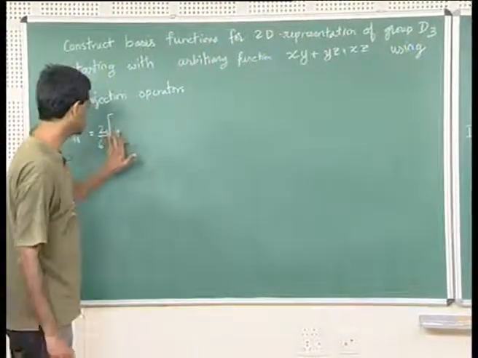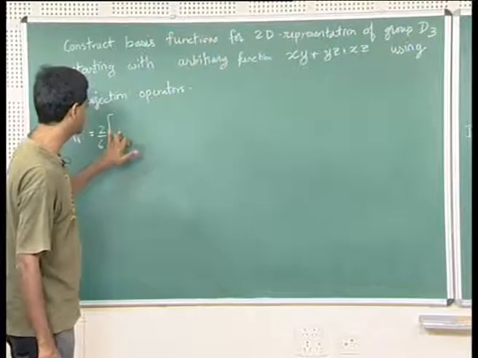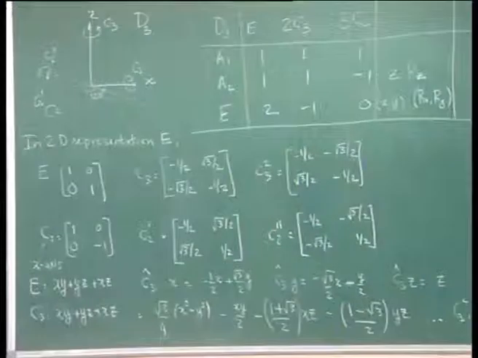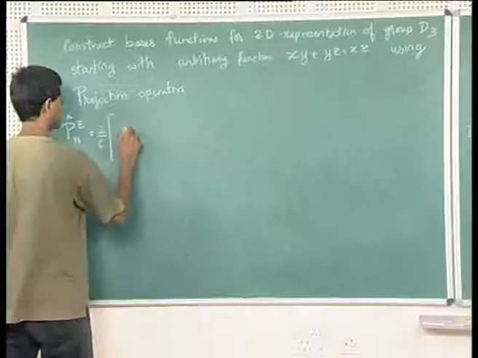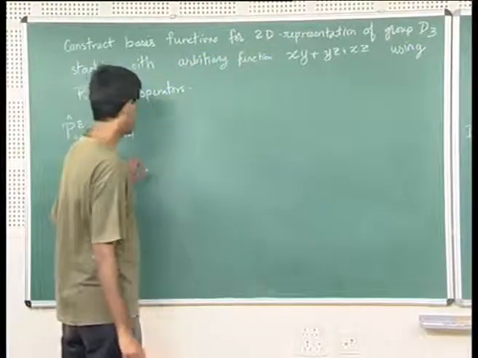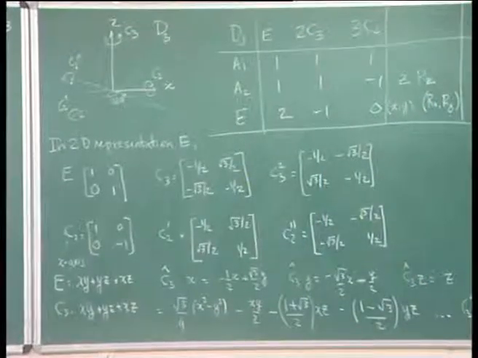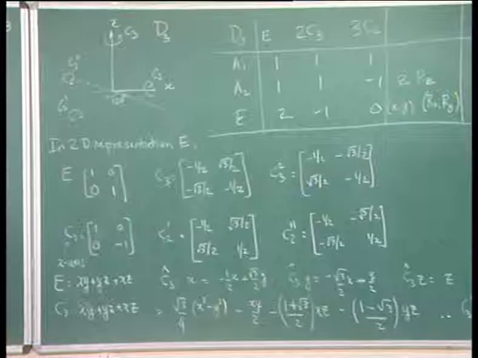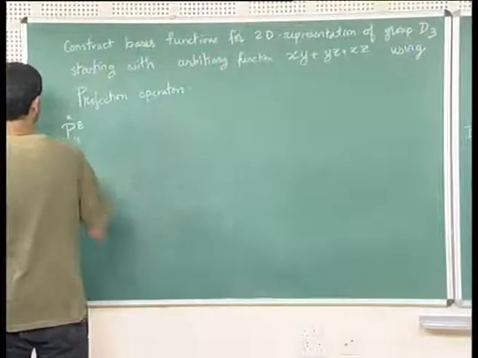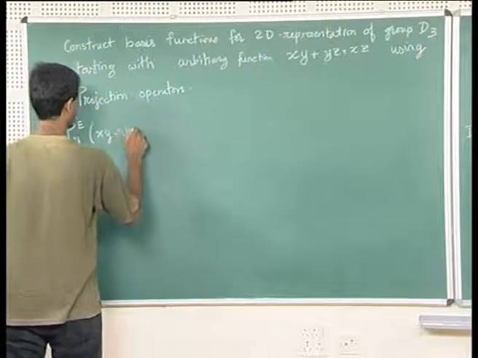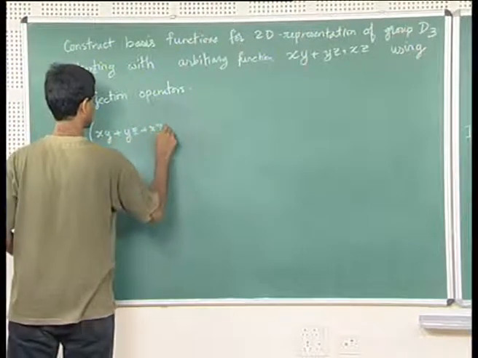Now everything is pre-multiplied by gamma 11 star. So for identity you have 1 into the effect of identity on this operation. So I should write this as PE operated on XY plus YZ plus XZ.